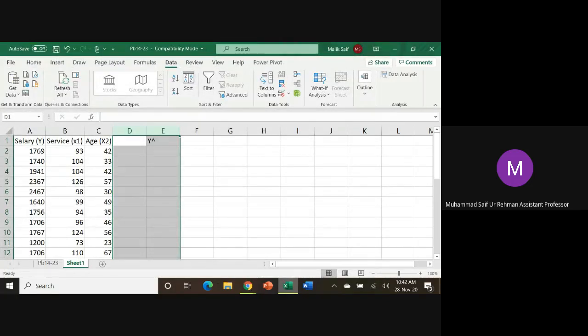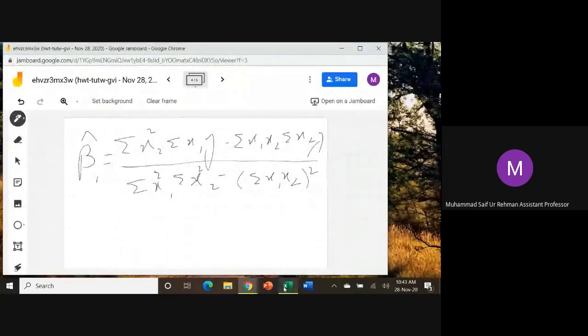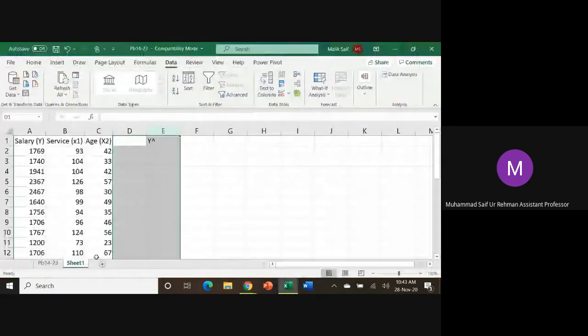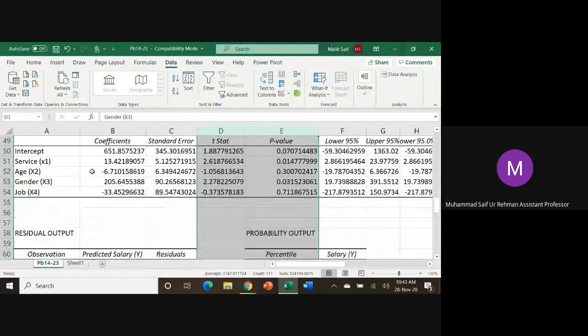Normally, examiners give the values for beta 1, beta 2, and beta 3, and also they give the standard errors for them. If those values are given, then you can simply use them. So let us use the given values. I have calculated these values with the help of Excel, so they are in front of me.